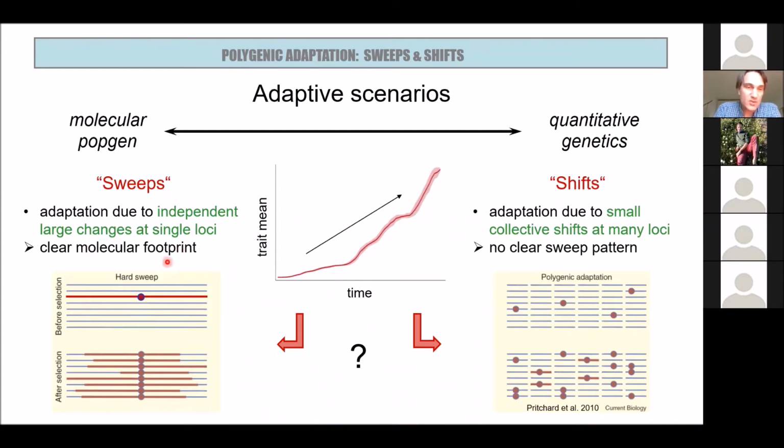So this is shown here as a hard selective sweep, where selection acts on a new variant. What you see here is a stretch of DNA on the x-axis, and on the y-axis there are just a few aligned sequences from a population.